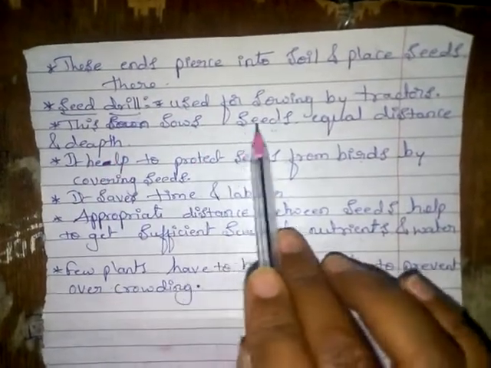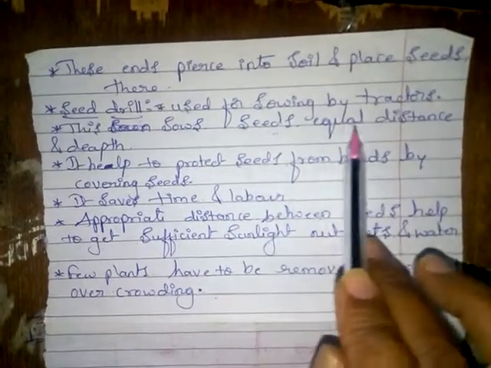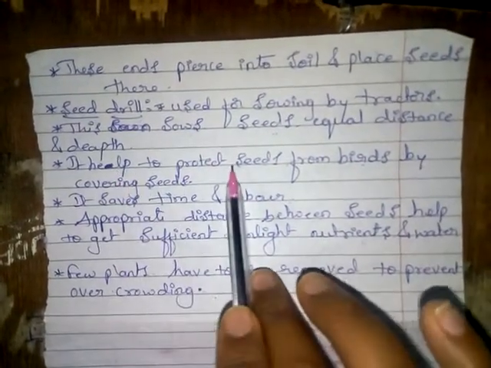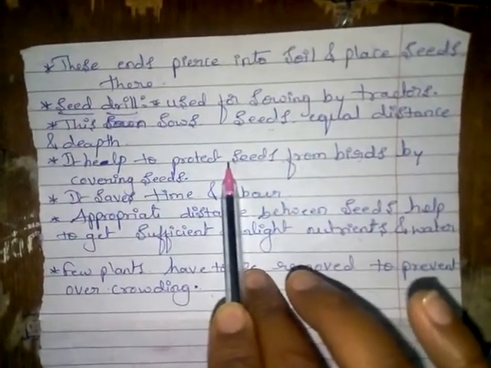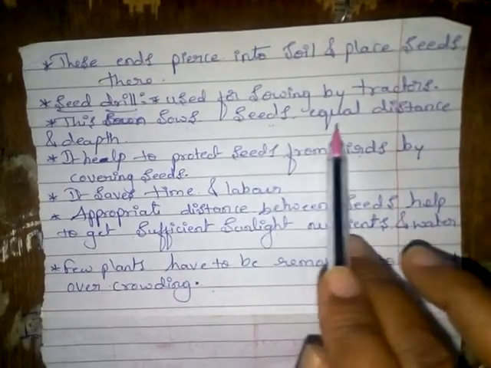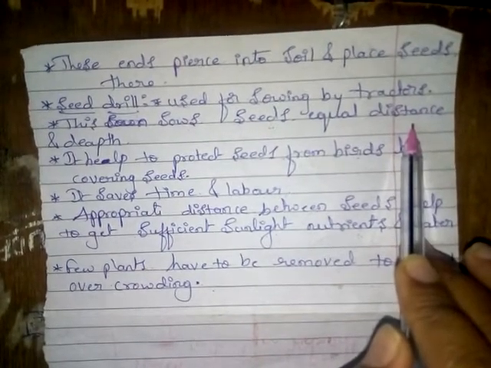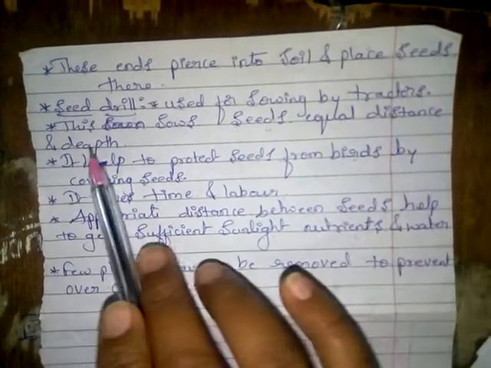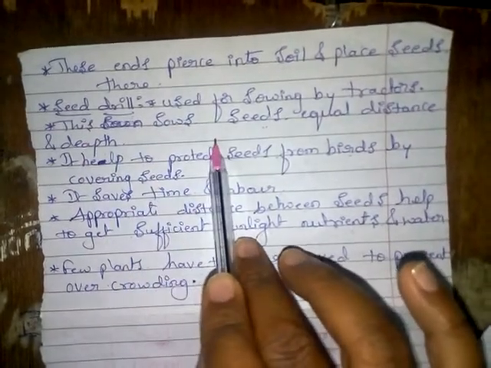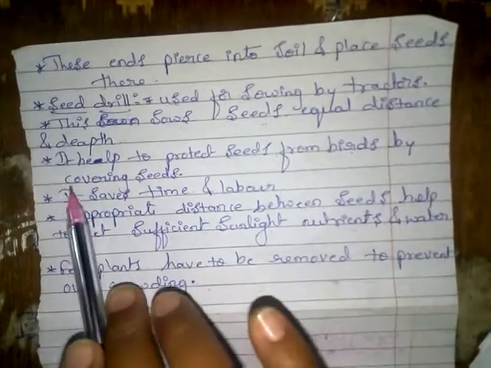Manually, if we do the sowing process, there is no equal distance, and we have to measure, which becomes a problem. So the seed drill is helpful for sowing the seeds at equal distance.